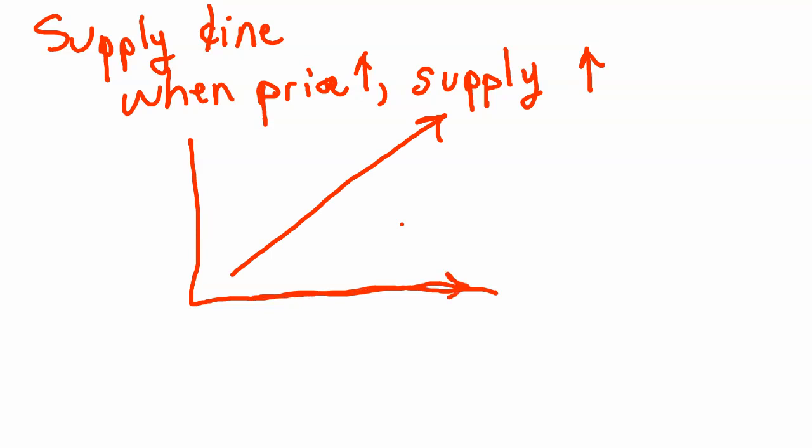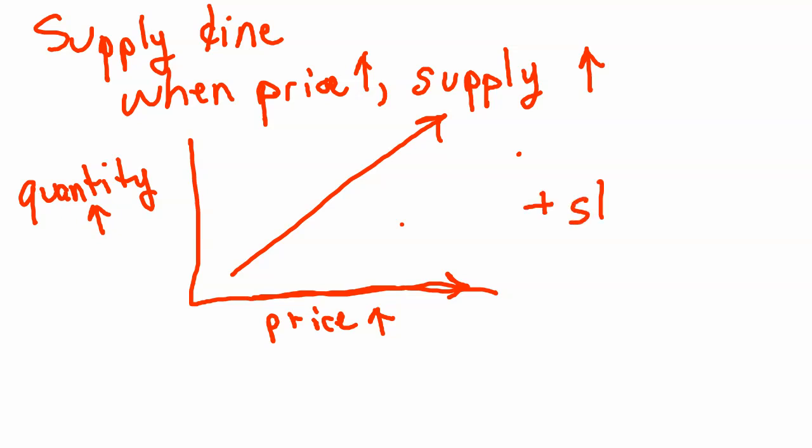As the price increases, the quantity supplied increases. Okay, so this would have a positive slope. So I'm just doing some basics on lines, showing you slopes and relationships between two variables.